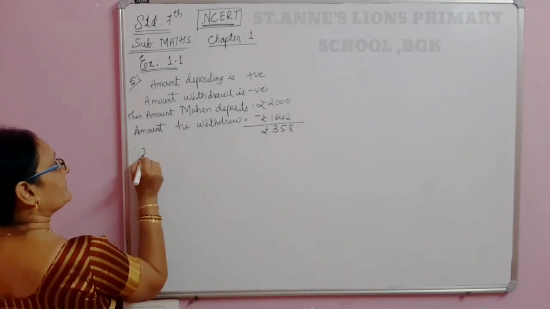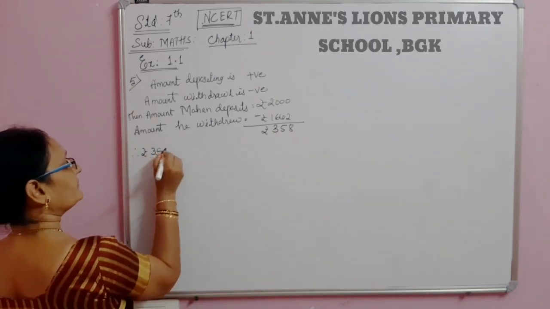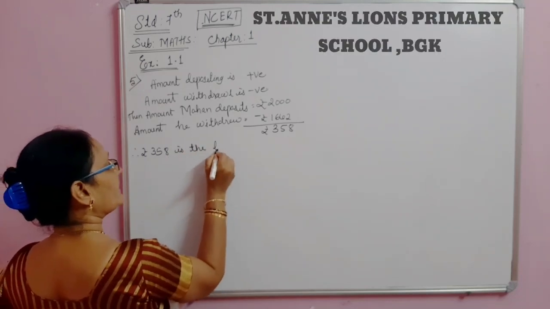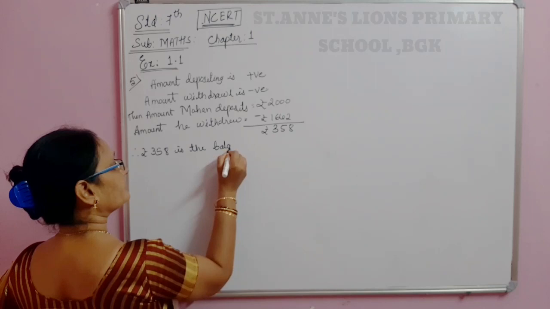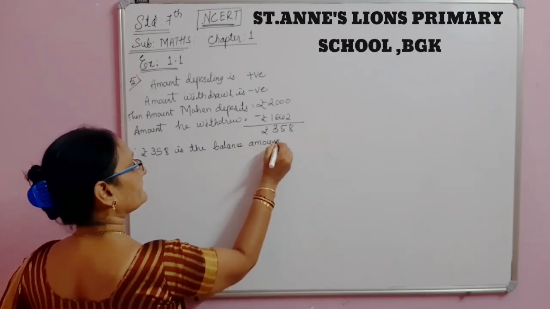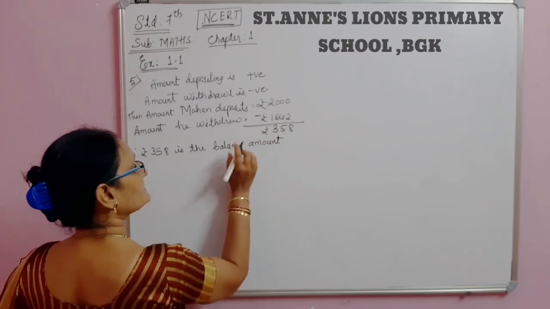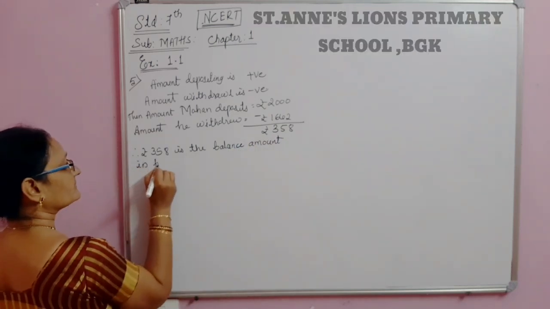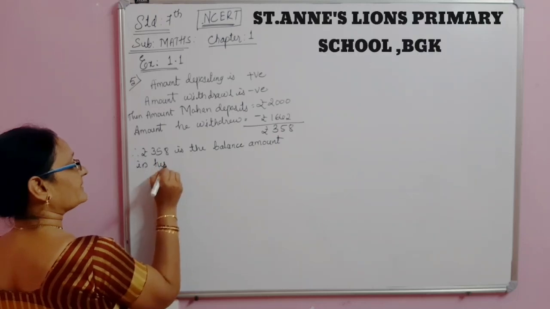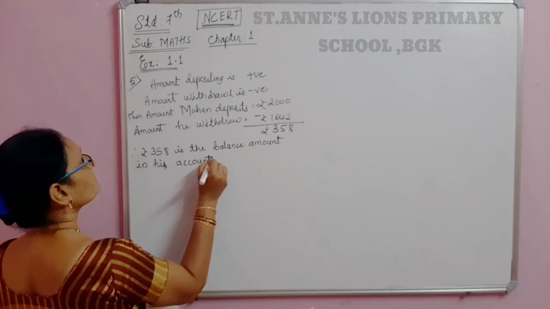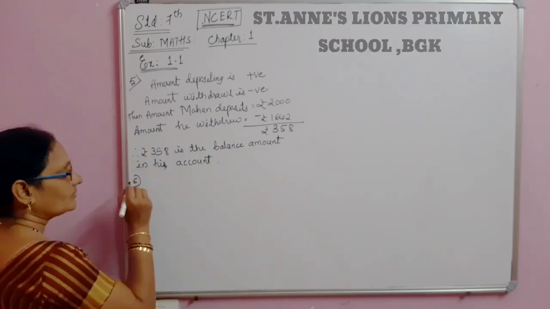Therefore rupees 358 is the balance amount in his account. This is the method of solving the problem.